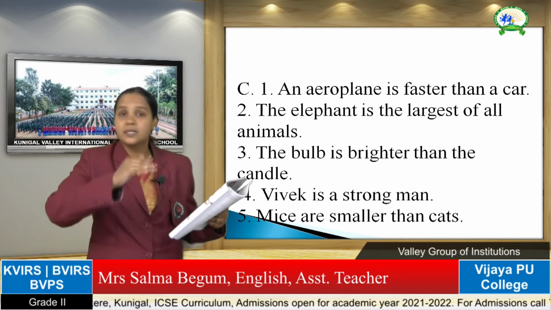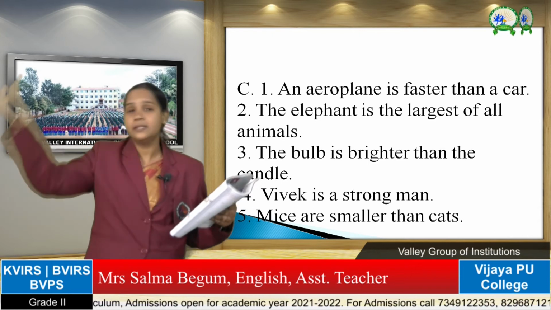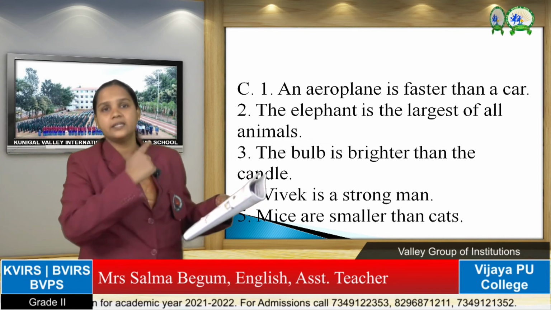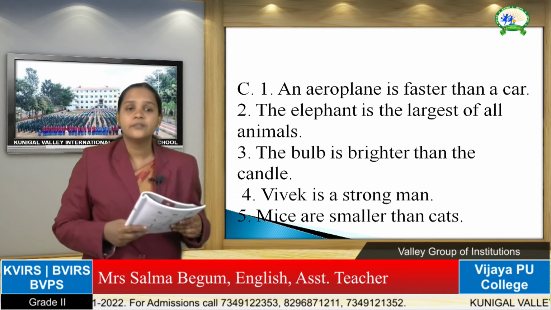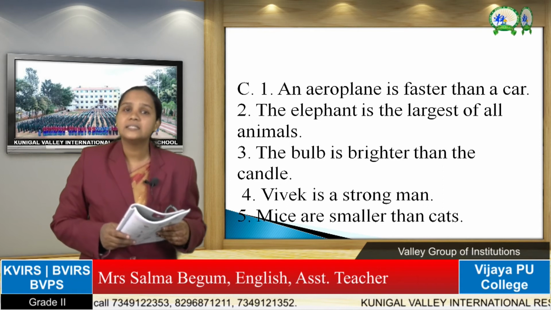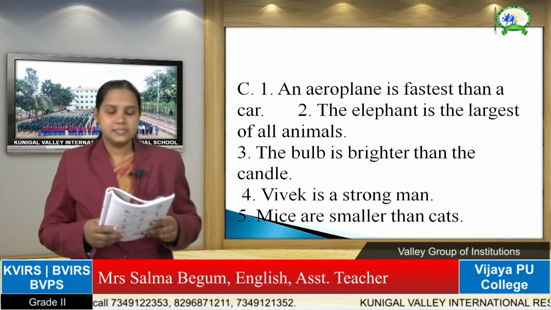The car is fast. The bus which went beside you, it is faster. But you compare the plane which is moving in the sky, within 1 second it will move off. So it is the fastest. So here we are going to write fastest. An aeroplane is fastest than a car.